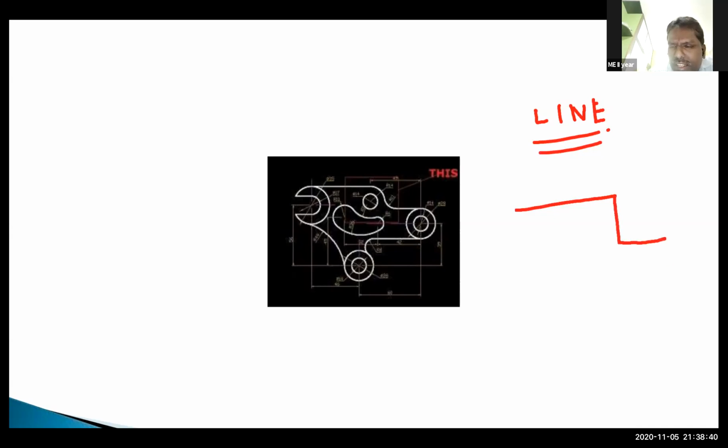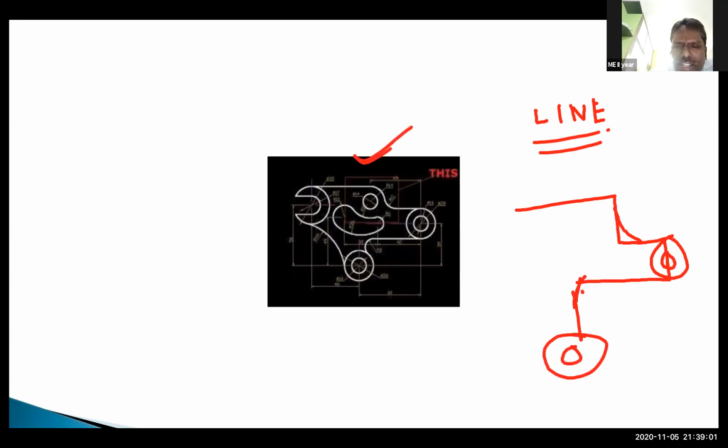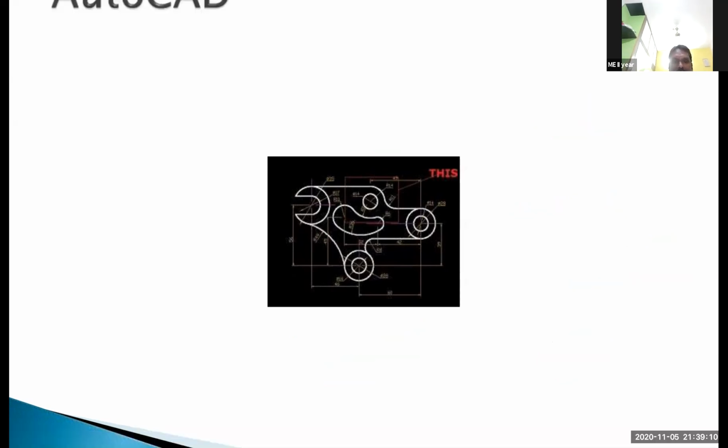Then afterwards we have to go for the chamfer, then the circle, and again the line and chamfer. Again here we go for the circle, and automatically this will be generated in the 2D drawing.